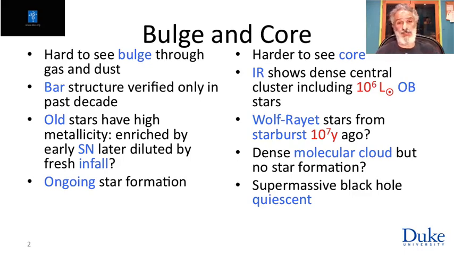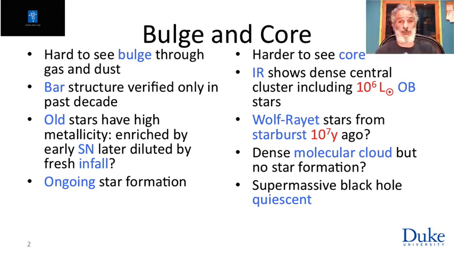I think it's hard to see the bulge. Of course, the most interesting action in some sense is at the center, in the core. Seeing the core is harder still. Infrared observations allow us to peer through the dust to some extent and find that at the center of the galaxy is a dense cluster of stars, including a bunch of stars with, you'd call them type O and B, so hot blue stars, but with luminosities far exceeding what we expect for main sequence type O and B stars.